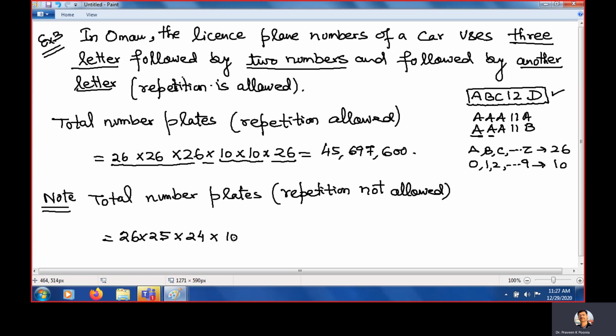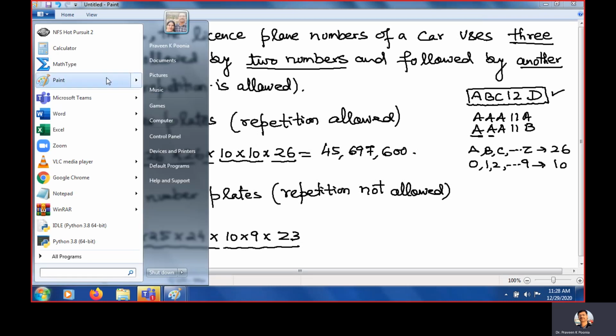Then 10 numbers are possible for the first, but one number is already fixed here, so 9. And here 3 letters are already fixed, so it is 23. Now multiply and write the answer. This is how many ways are possible. Clear? This is the multiplication law. Okay. Now we will move to another important concept, permutation.